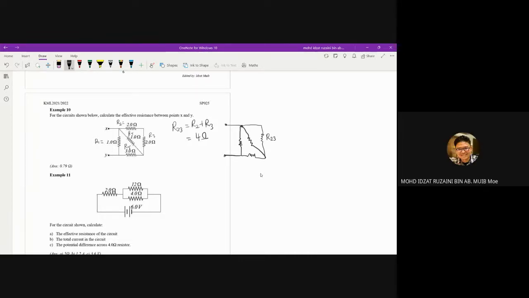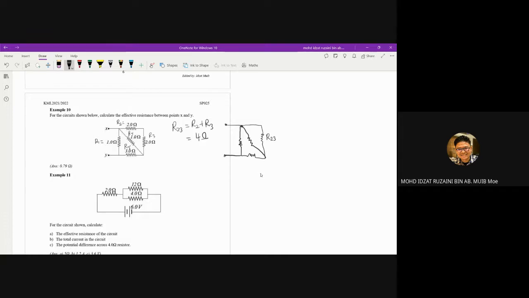R4, R5. R4 dengan R5 connected in, ialah connected with series or parallel? Series. Parallel. Neither. Okay, neither series or parallel sebenarnya. R4 and R5 tak boleh kamu sambung lagi, kerana apa?